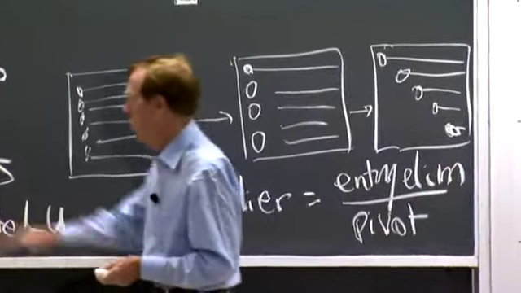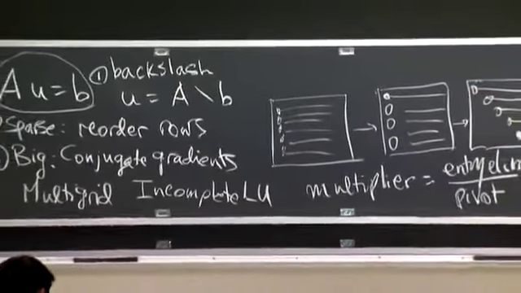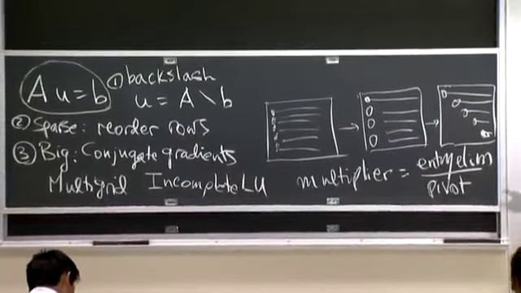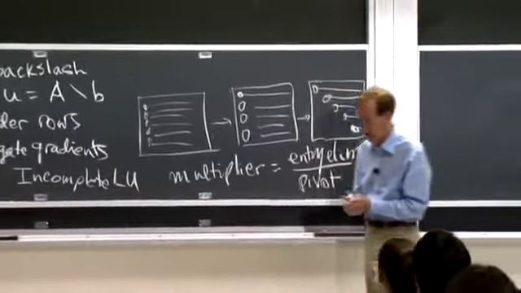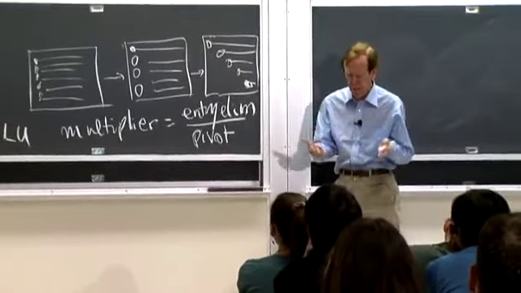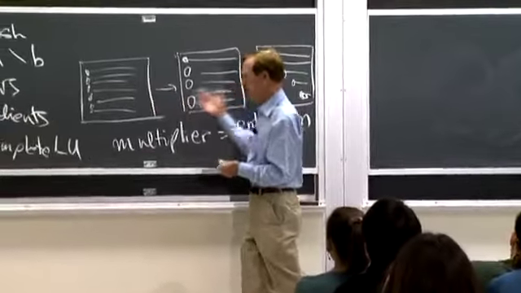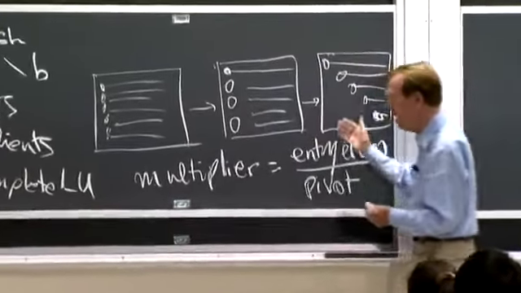And if it's sparse, that means there's a lot of zeros. And where would we like those zeros to be? Where would we like to find zeros to save time, to avoid going through every step?